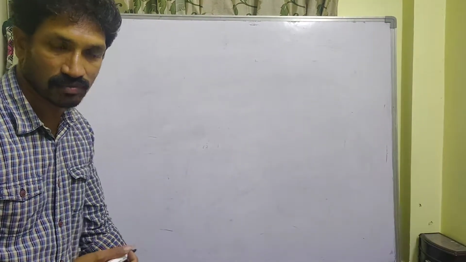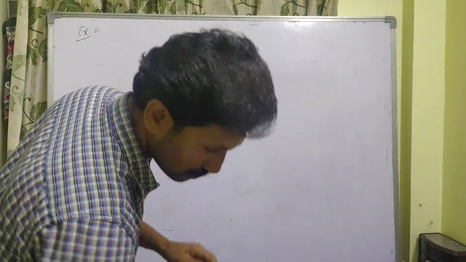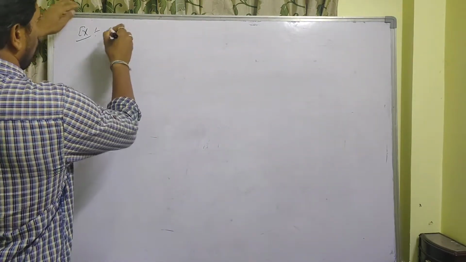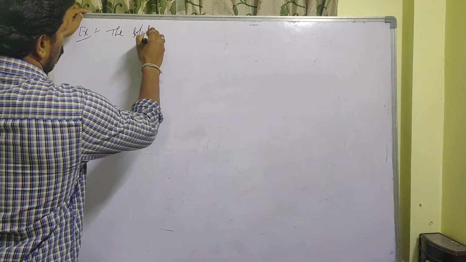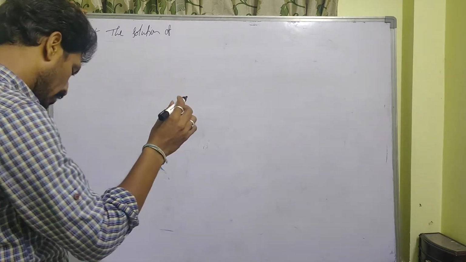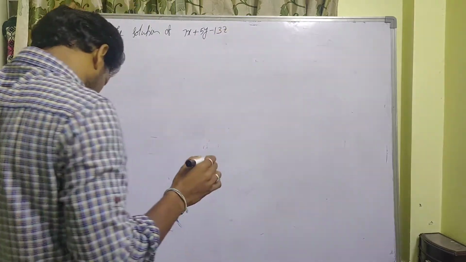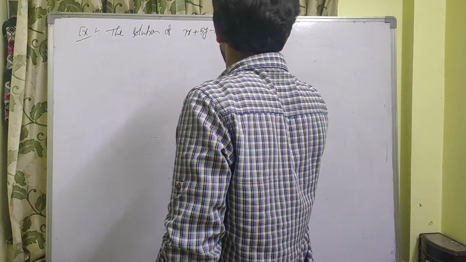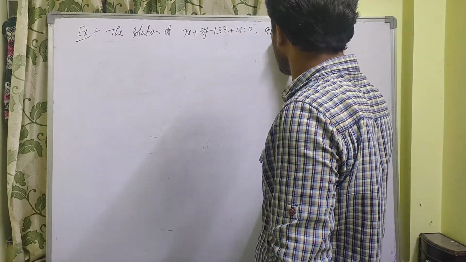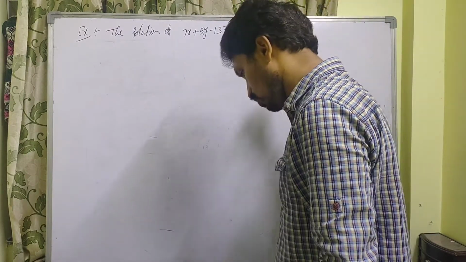So you take one example. The solution of 7x plus 5y minus 13z plus 4 is equal to 0, and 9x plus 2y plus 11z is equal to 37.